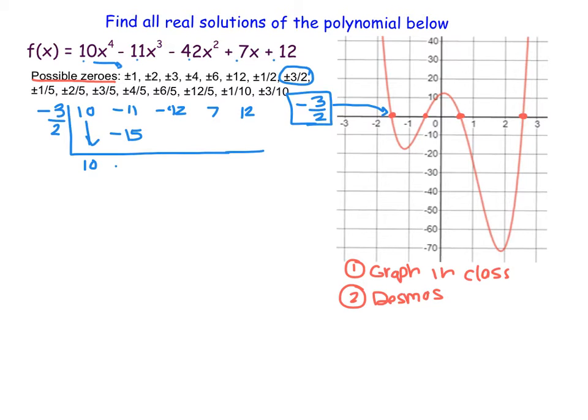We add straight down, that's -26. Then we multiply -26 by -3/2. That becomes -3 times -26 is 78/2, so that's +39. Add straight down, that's -3.